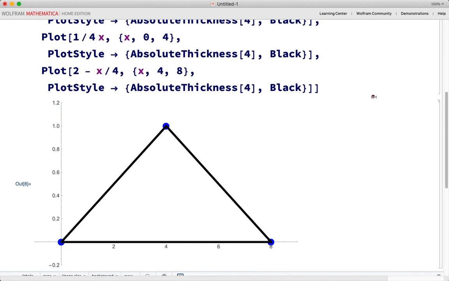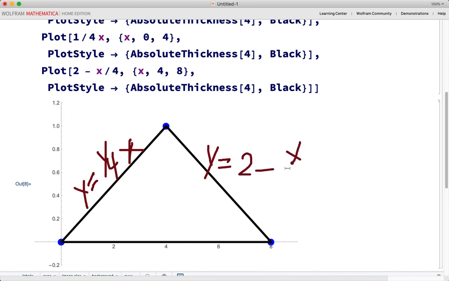Okay, so this is the line y is equal to 1/4 x. And this is the line y is equal to 2 minus x divided by 4.